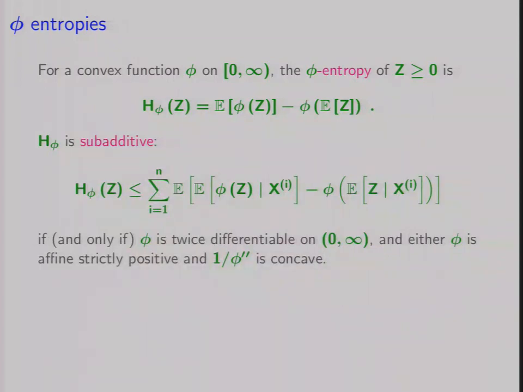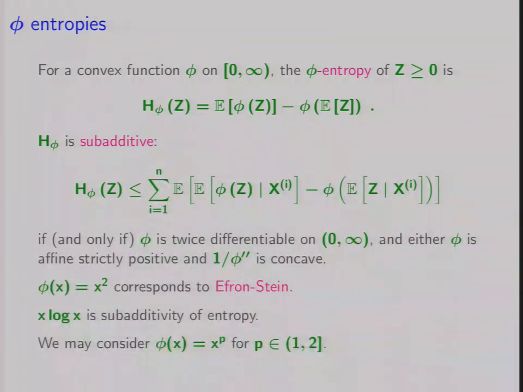And you can actually characterize for what kind of functions phi this is true. Well, they have to be twice differentiable, and either they are linear, or 1 over the second derivative should be concave. It's not clear intuitively what this means, but these two functions are in there.